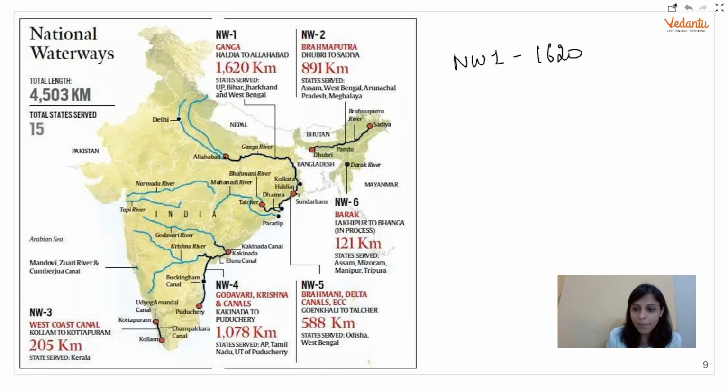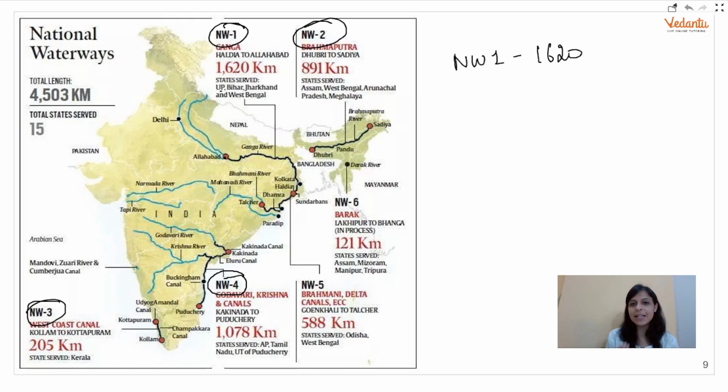So right from Kakinada to Puducherry down here, we have National Waterway 4, approximately 1078 kilometers.